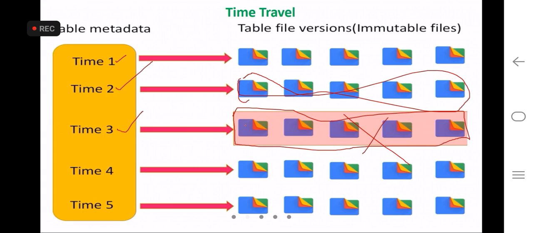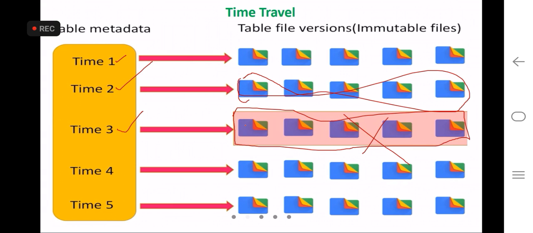So what will happen after 90 days? Automatically we have a feature called the fail-safe zone in Snowflake. So after 90 days, whatever data gets deleted will be registered in the fail-safe zone and it will stay there for 7 days.